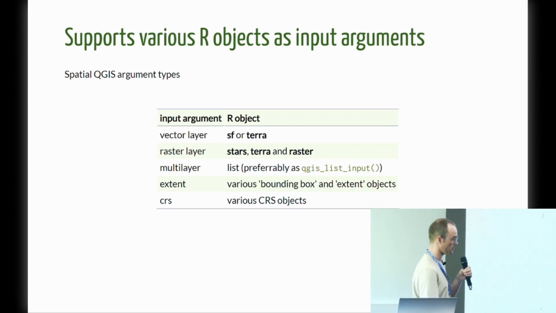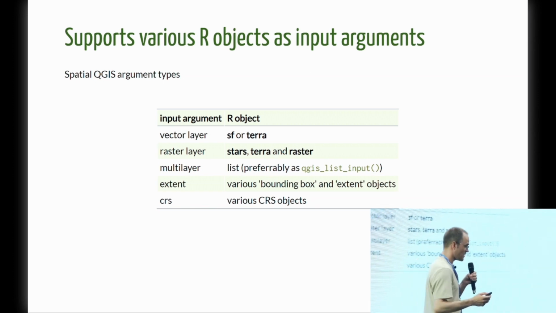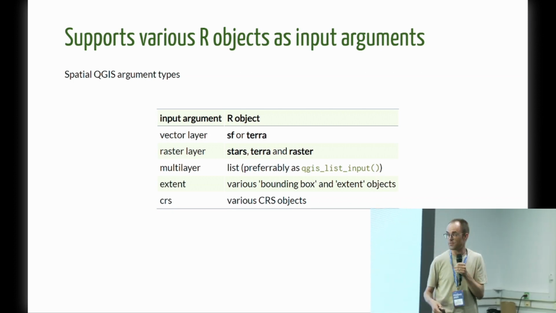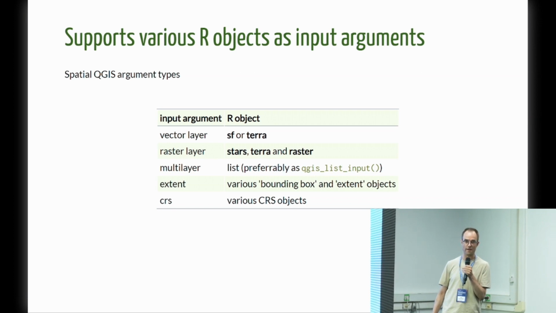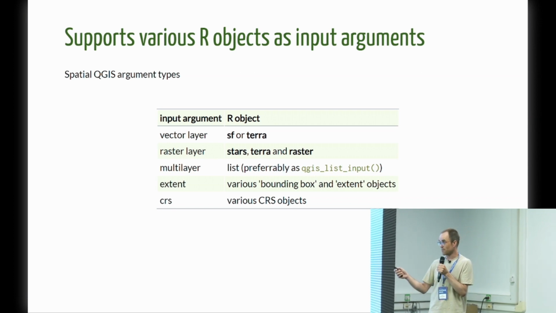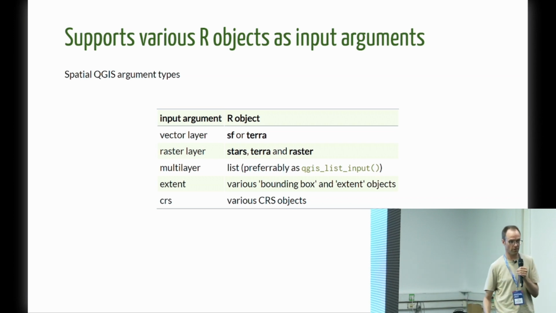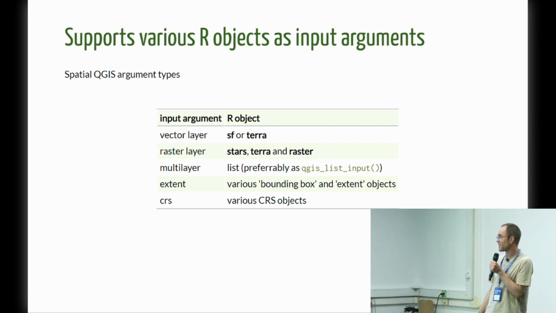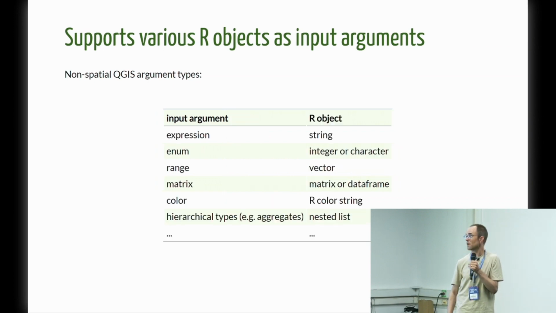For the spatial argument types that QGIS needs, for example the vector layer, you can pass an sf object or a terra object. For the raster layer, there are also several supported object types. The multilayer can be fed by passing an R list, and the same for several other object types.